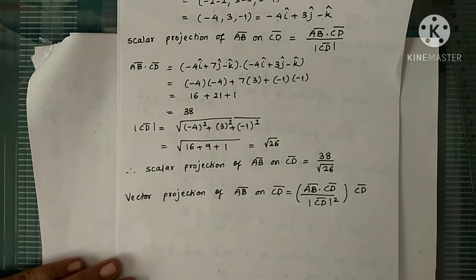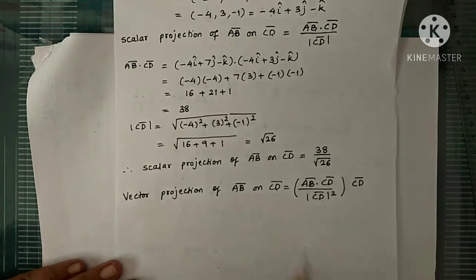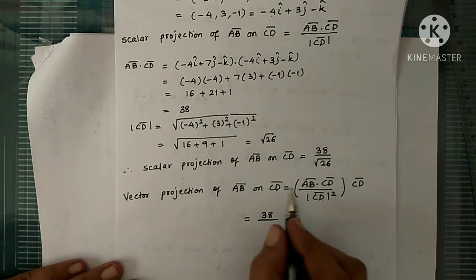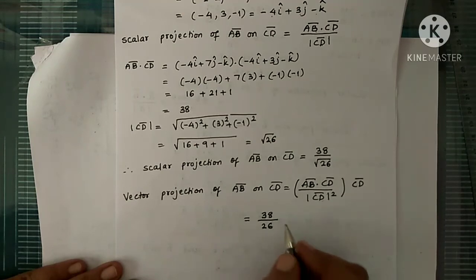See, in the scalar projection we have only one magnitude here, and in vector projection it is square of that term. So substituting the values, AB bar dot CD bar is 38. Magnitude of CD bar is root 26. Squaring it we get 26.